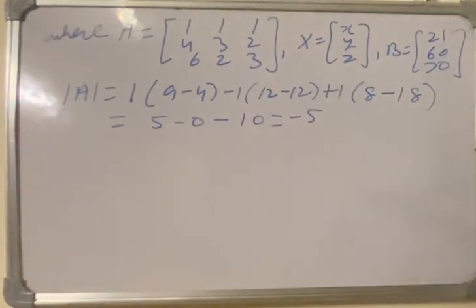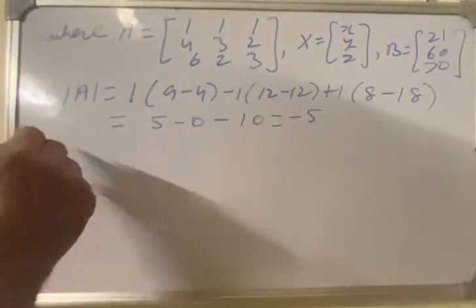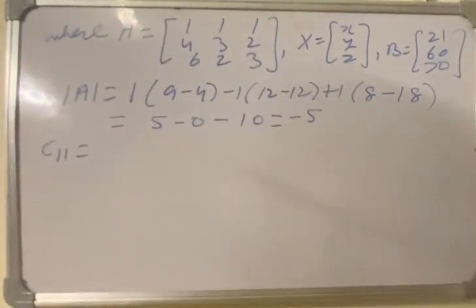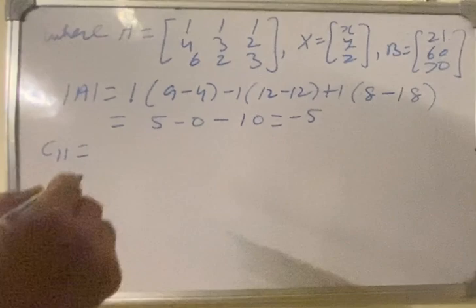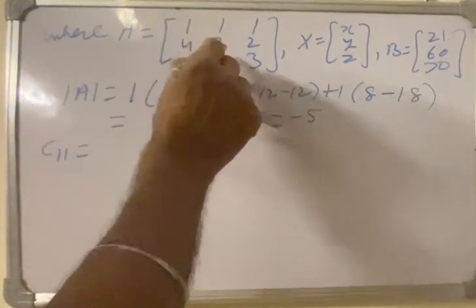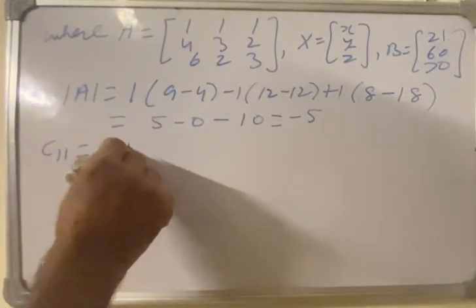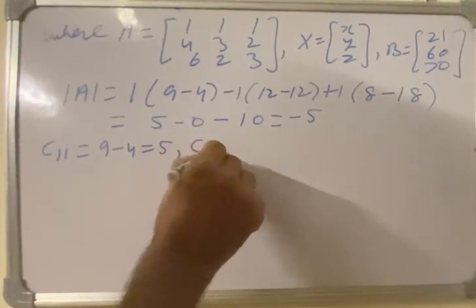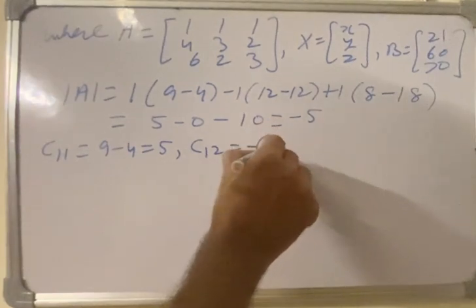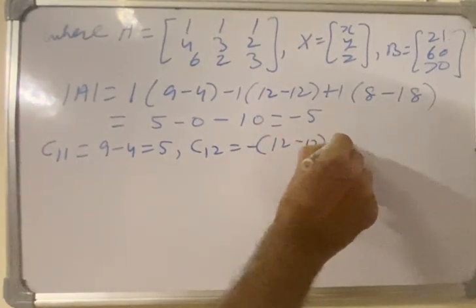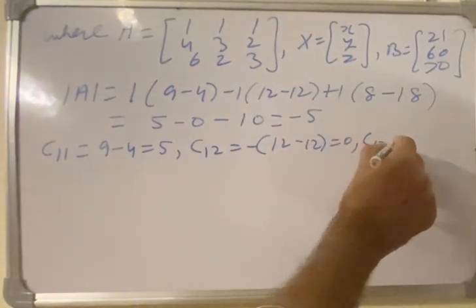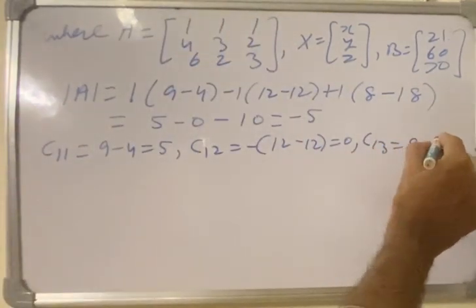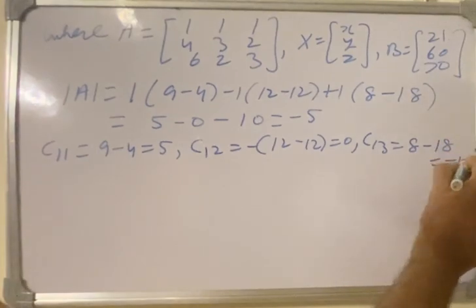Then we find cofactors of elements of matrix A. Cofactors of elements of first row: C11 is 9 minus 4, which is 5, C12 is equal to minus (12 minus 12), 0, C13 is equal to 8 minus 18 is minus 10.